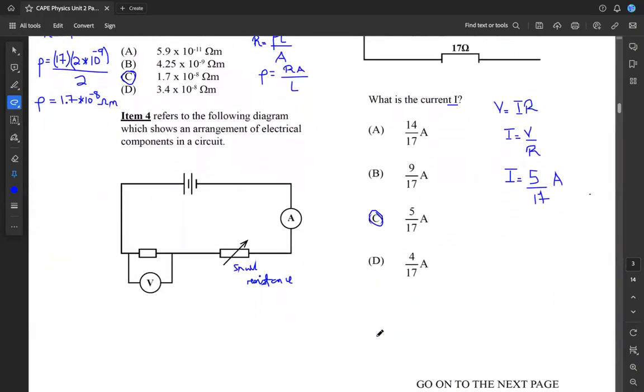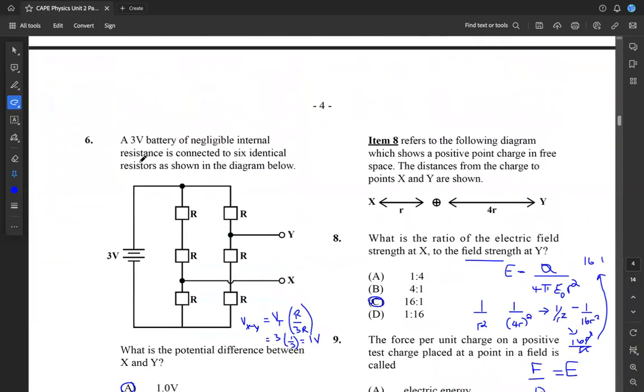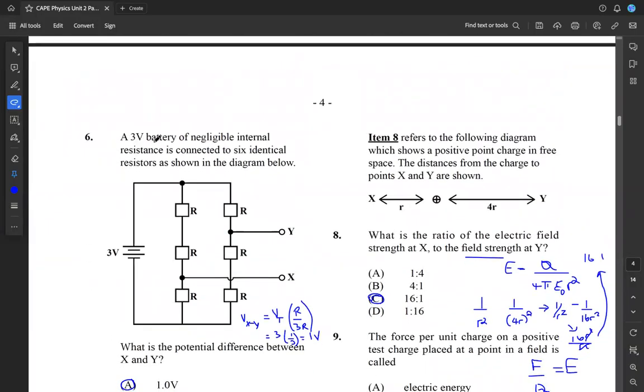All right, so moving along to question 6. Question 6 says that a 3-volt battery of negligible internal resistance is connected to 6 identical resistors as shown in the diagram below. So here's our 3-volt battery. We have 3 resistors here and 3 resistors here as well.